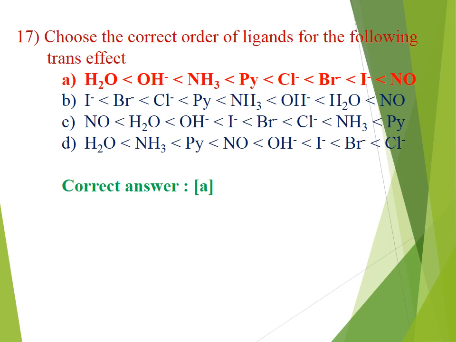According to this, the order is: H2O less than OH minus, less than NH3, less than py, less than Cl minus, less than Br minus, less than I minus, and less than NO. The highest trans effect is shown by the NO group. Next is halogen, next is organic ligand. The least value goes to the water ligand. Therefore the correct answer is A.